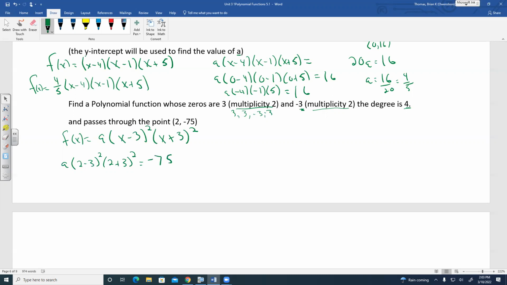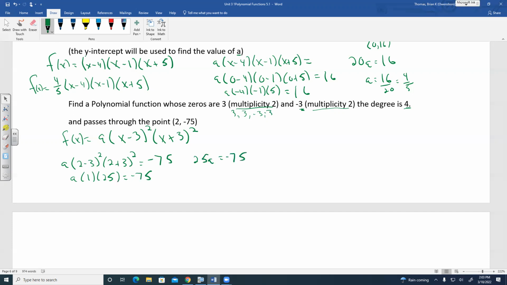So 2 take away 3 is -1, and -1 squared is going to be 1. So it's going to be a times 1. And 2 plus 3 is 5, and 5 squared is 25. And that's got to equal this -75. So what I'm going to have then is 25a equals -75.